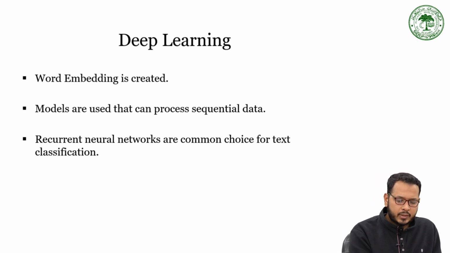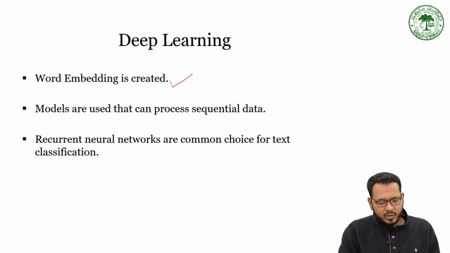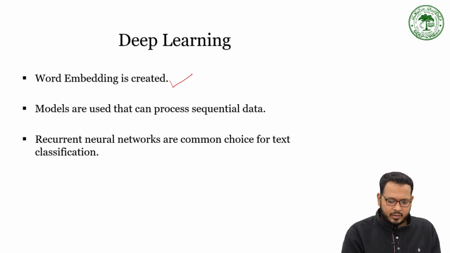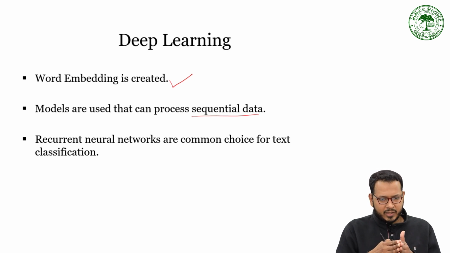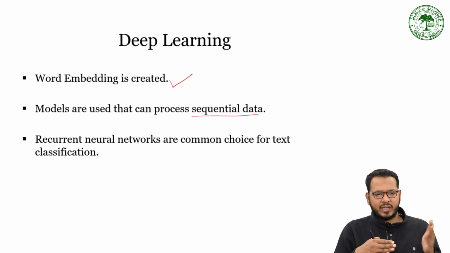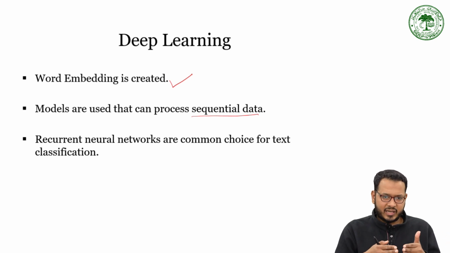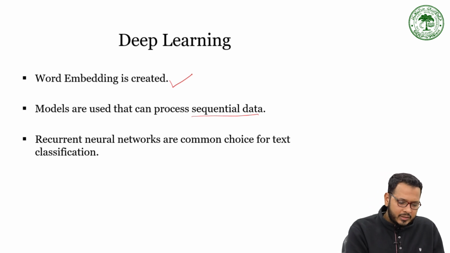Also, apart from word embedding, models are used that can process sequential data, and text is seen as sequential data because the word that comes later might be attached to the word that has occurred previously in the text. So it is sequential in nature. Words come in order.